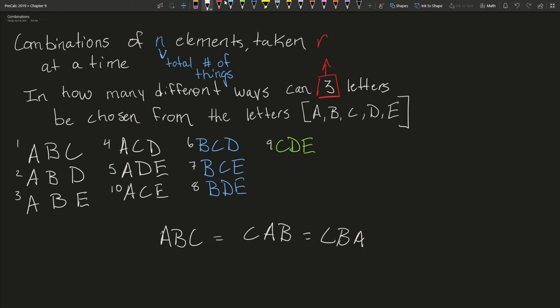Another way to do this, though, is to use that binomial coefficient equation. Given n elements, where we want to choose 3 of them, we can plug it into our formula for n choose r.